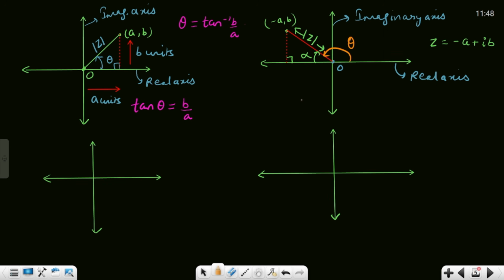Yes, it is very clear. In a very similar manner, we go a units on the left side of the real axis and b units upwards along the imaginary axis.